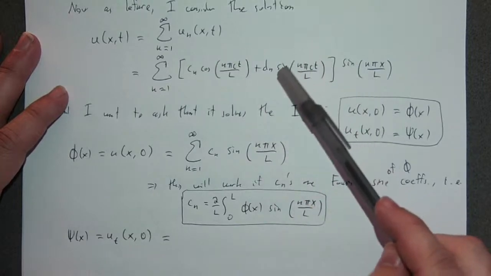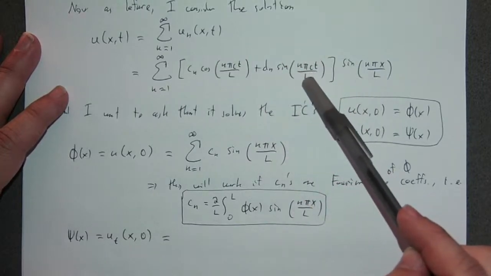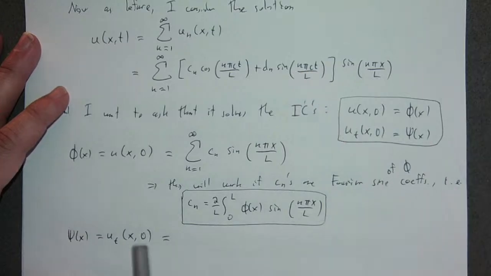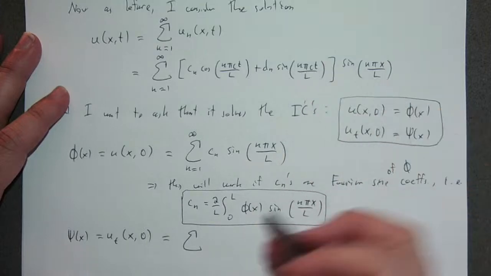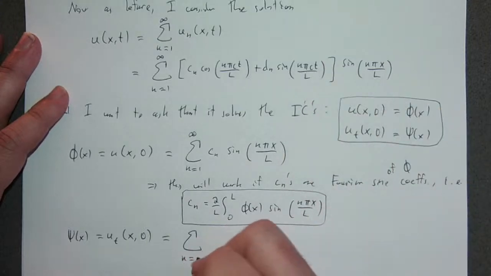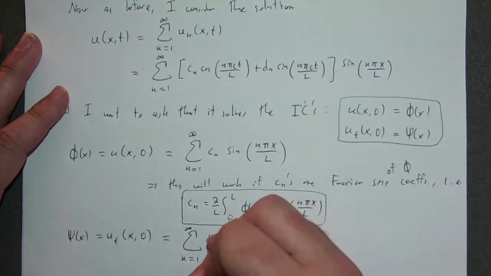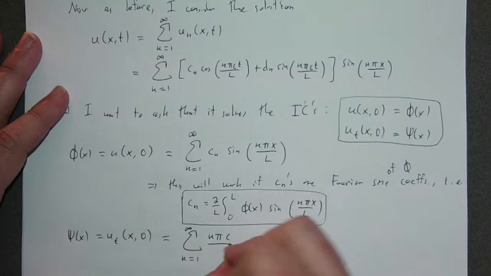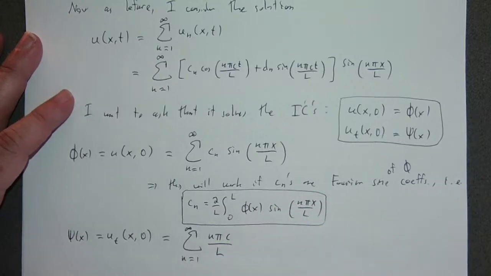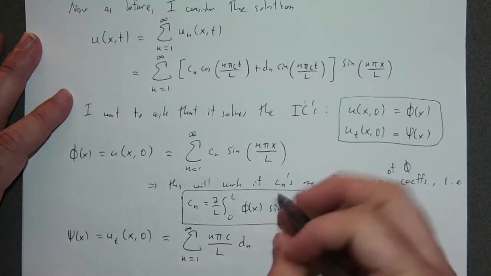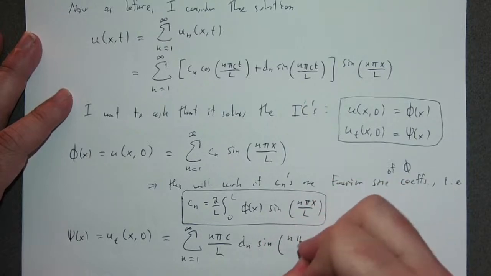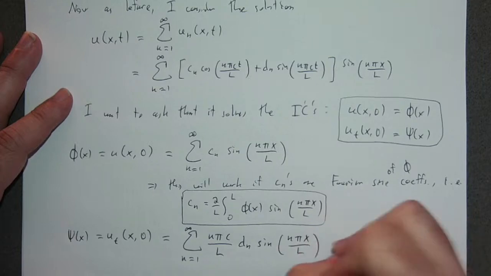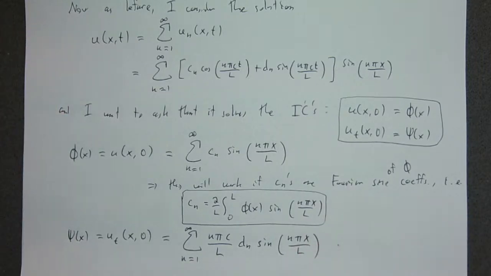And then this one, sine becomes cosine, and the constant that multiplies it is n pi c over L. When I plug in 0, cosine 0 is 1, so this becomes the sum from n equals 1 to infinity of n pi c over L d sub n sine of n pi x over L, right?